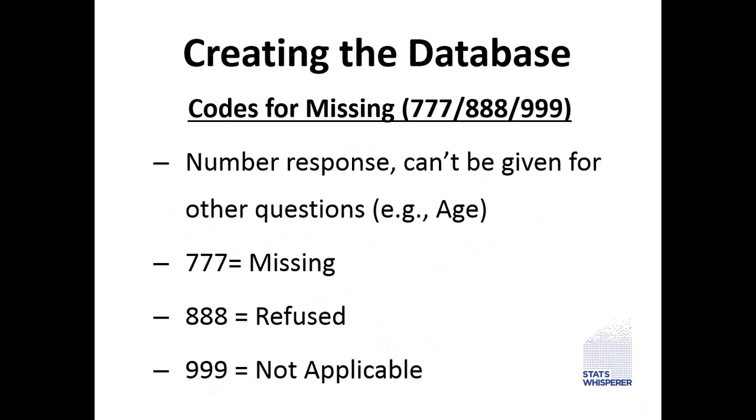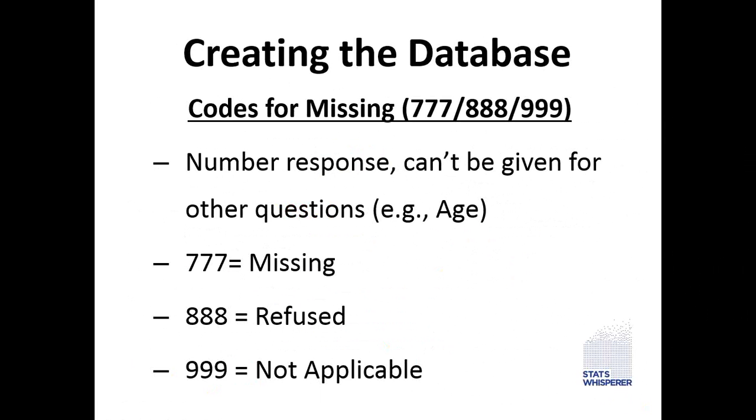So typically, you do well to make missing, right? So when a study participant just didn't provide a data point, just call that missing, that's 777. And if it's refused, as in the study participant said, I don't want to tell you, that could be coded as 888.